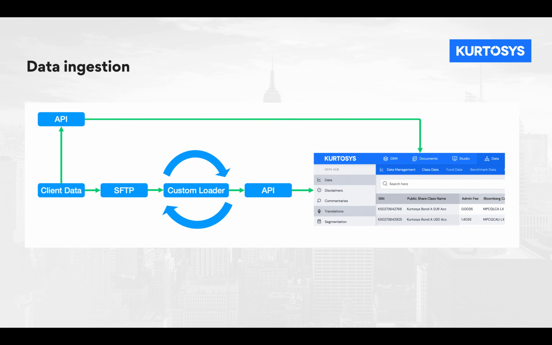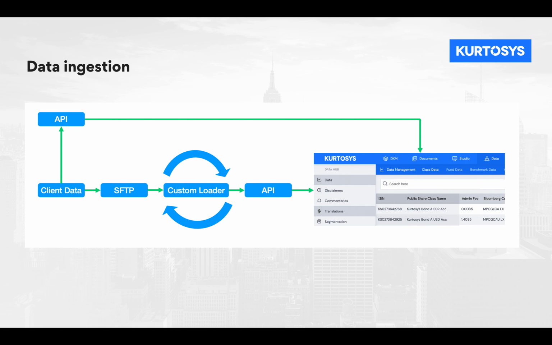If you look at the diagram, if they load the data through the API, the data is loaded immediately within the platform. If they are not able to use our APIs, we can create what we call a custom loader.